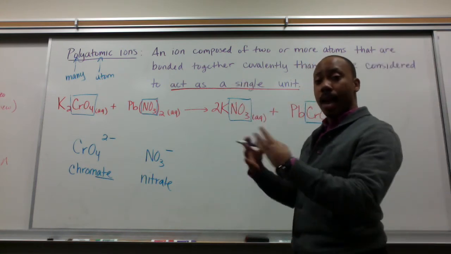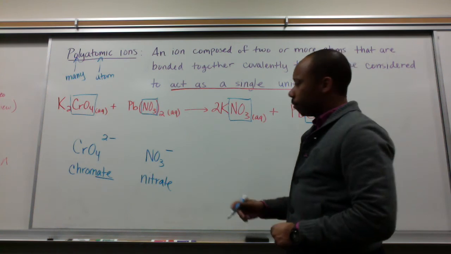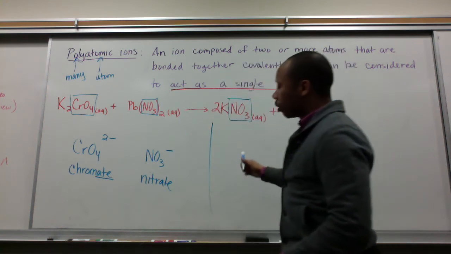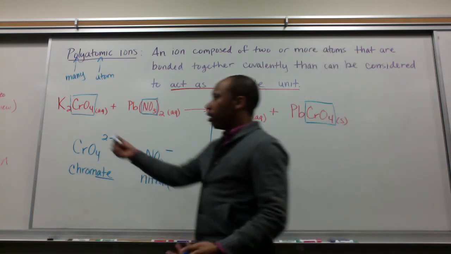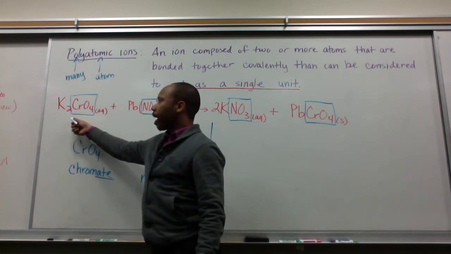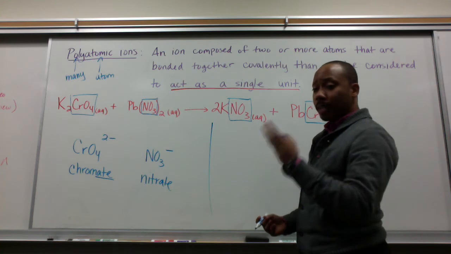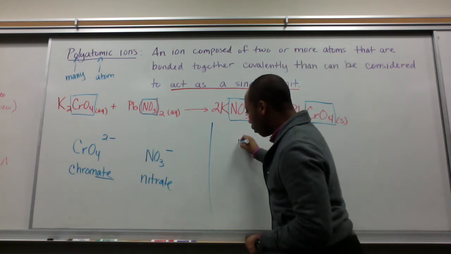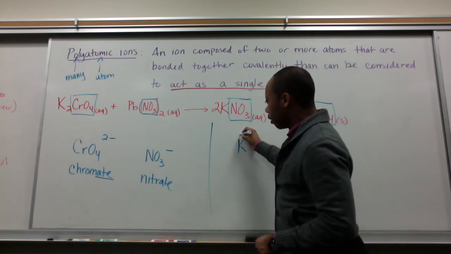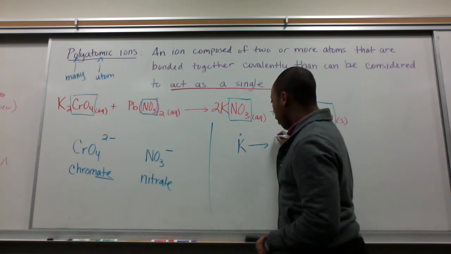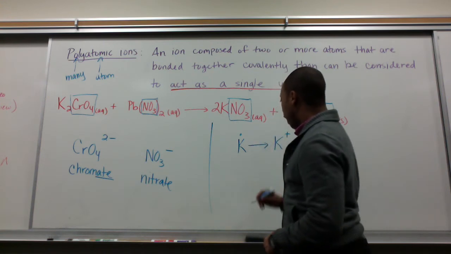So this might be jumping ahead a little bit, but you're ready for it. If we're going to talk about how it becomes this complex looking thing, potassium chromate, well, we know potassium has one valence electron. When it loses it, it's going to become K+.